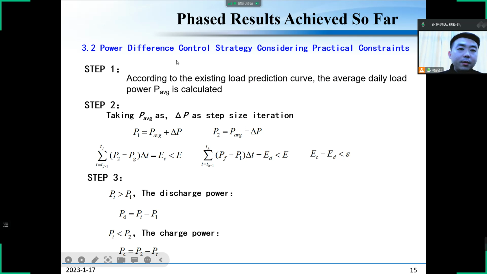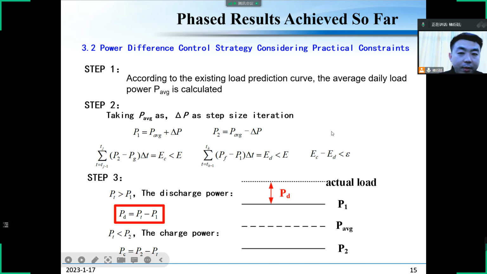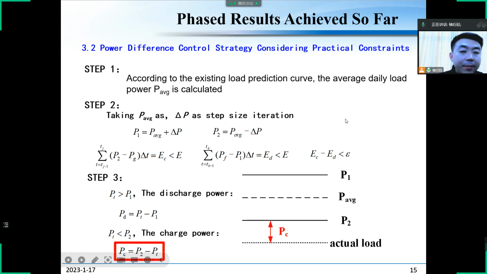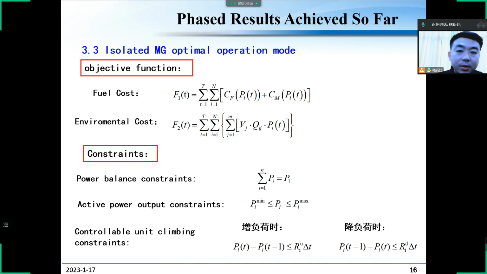And the power difference control strategy considering practical constraints is like this. We can divide it into three steps, and after the three steps, we can get the result.